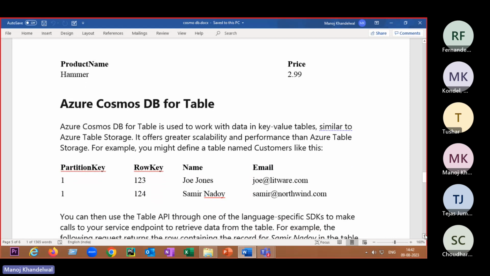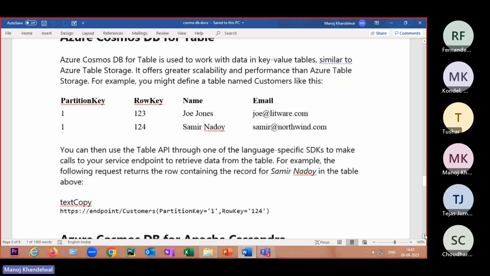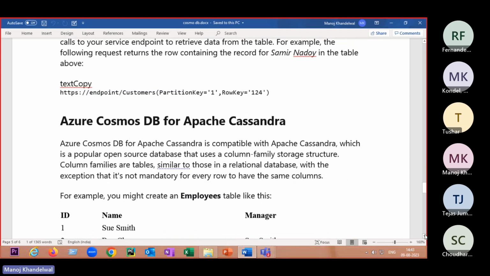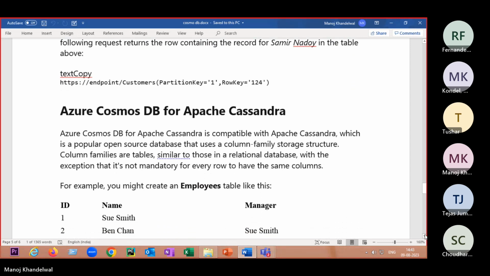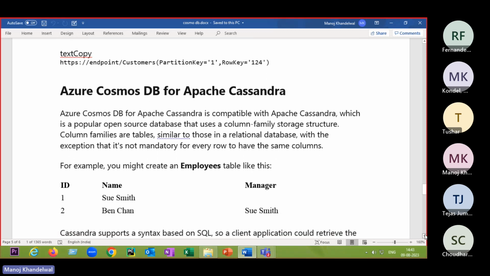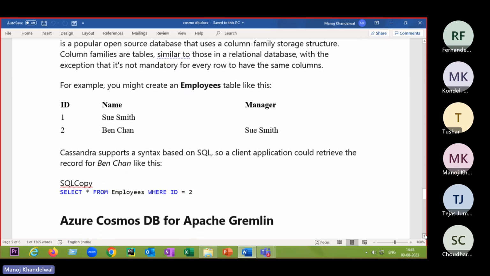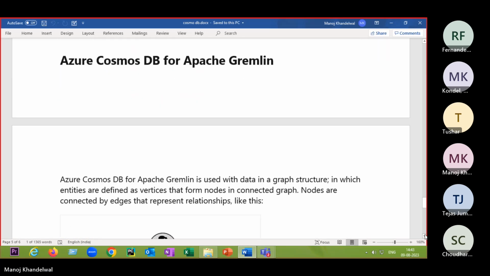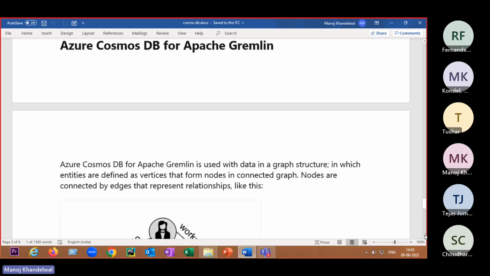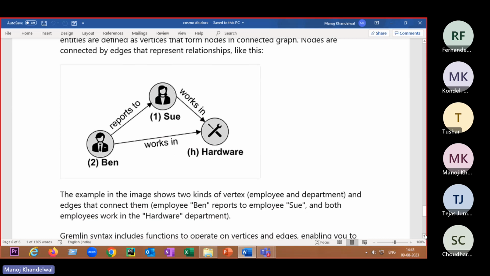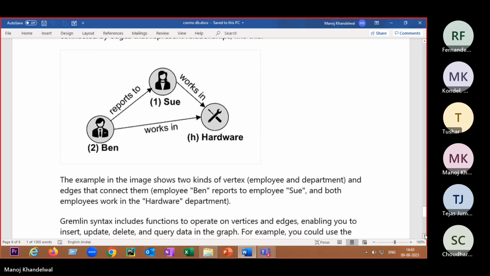For Table, we have seen the storage, Table storage, key value pair. Apache Cassandra is for column family storage structure. The other day we saw what is column family. Apache Gremlin is for the data in graph. The data is stored in graphs. Many times you find it easier to store data in a graph format like this.